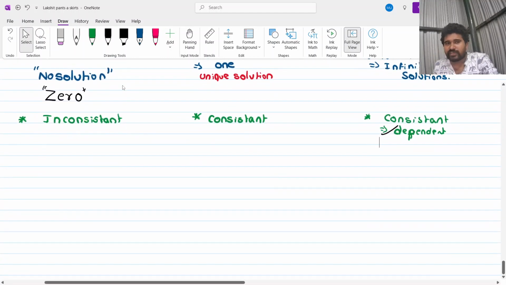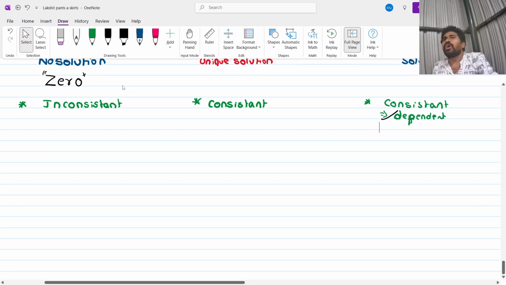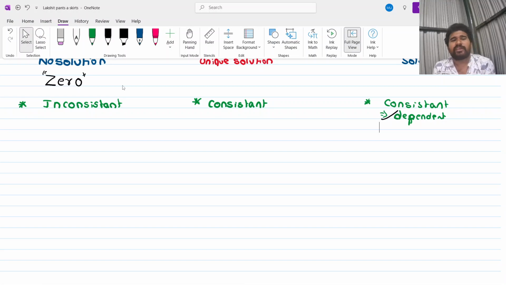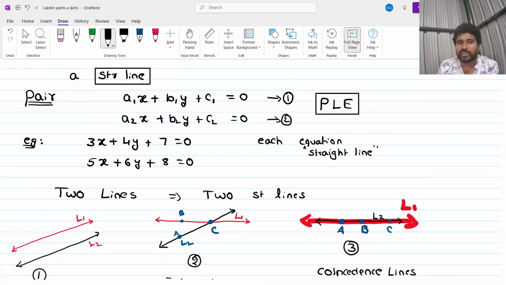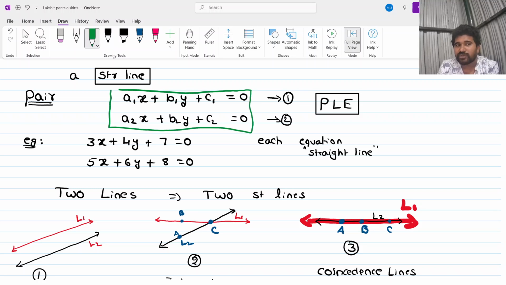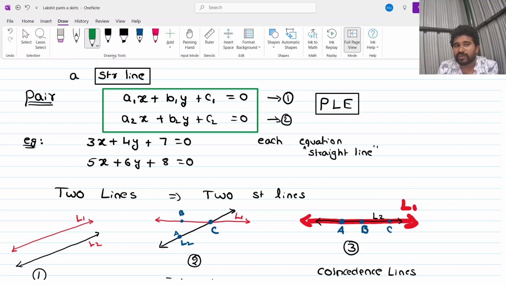So remember these conditions. The general equations are a1x plus b1y plus c1 equal to 0, and another one is a2x plus b2y plus c2 equal to 0.